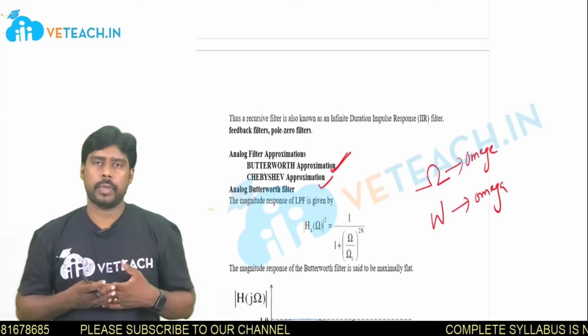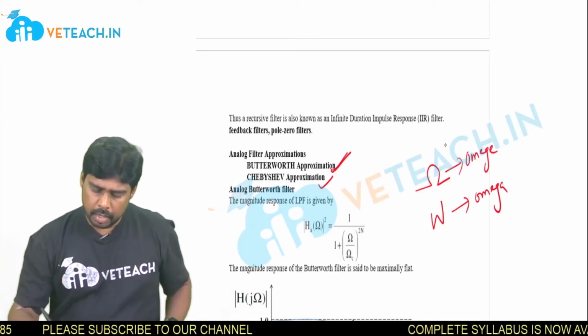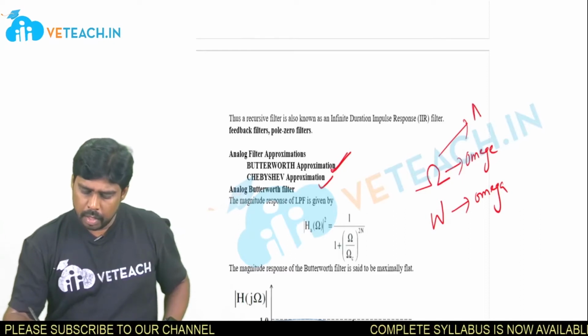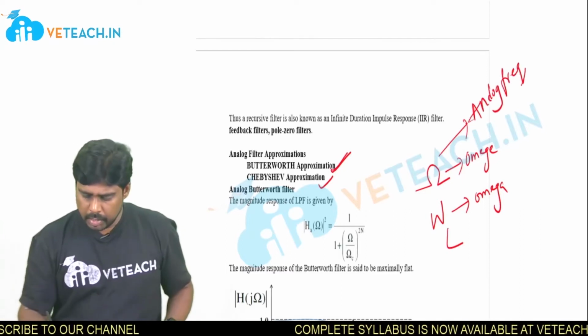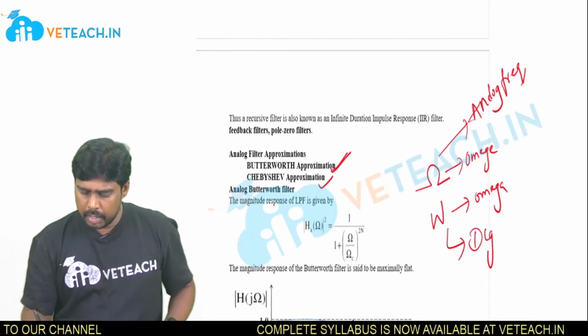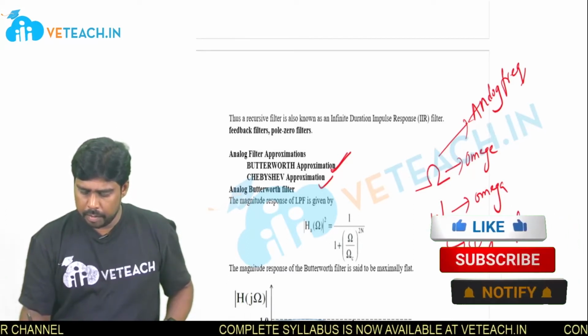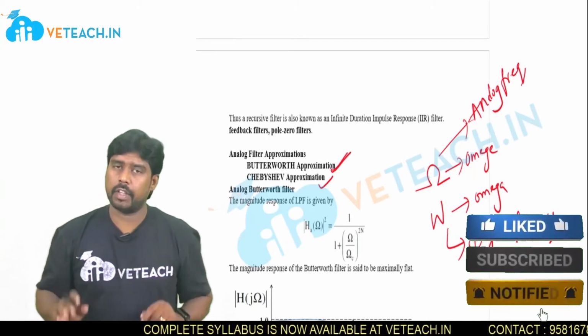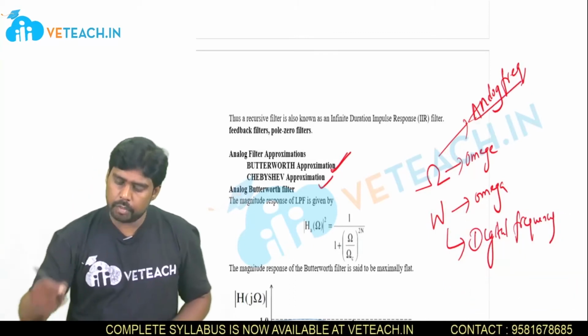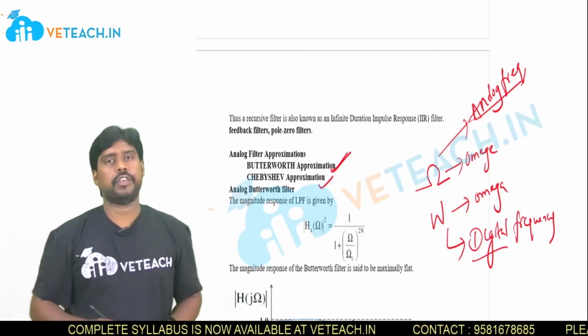Both are spelled omega, but this one is analog frequency and this one is digital frequency. A very important point to be remembered. Both are frequencies, but this is analog frequency, this is digital frequency.